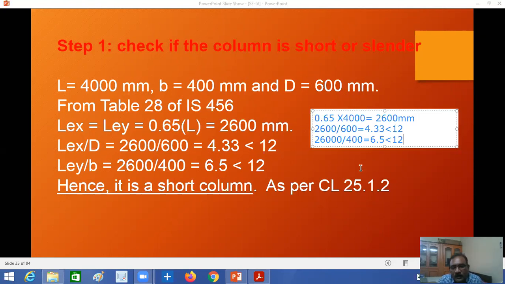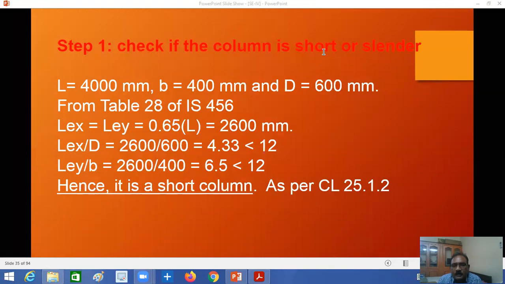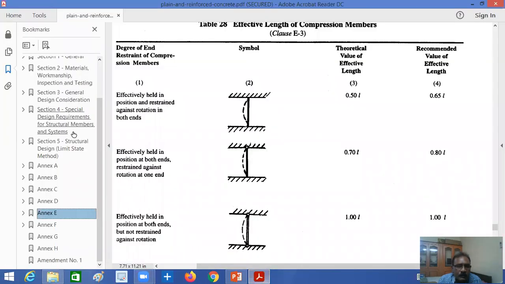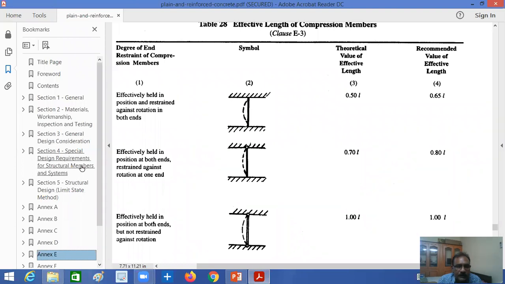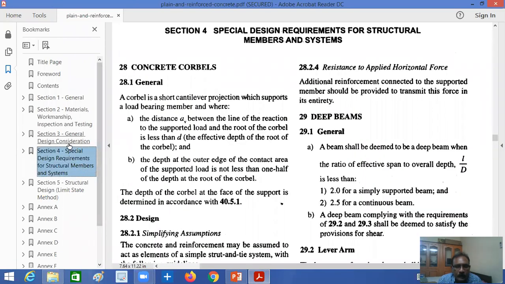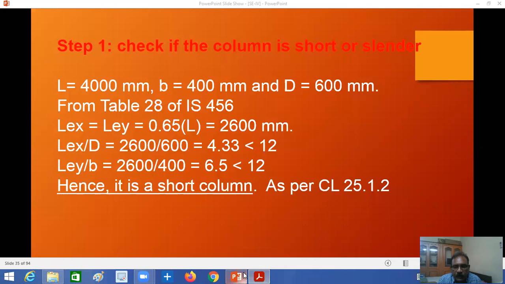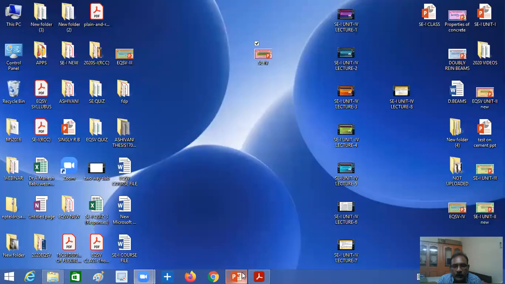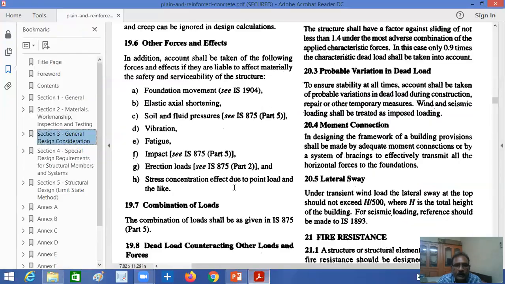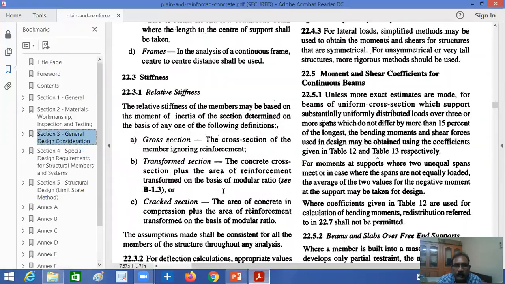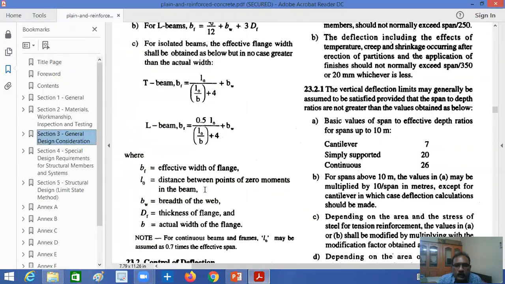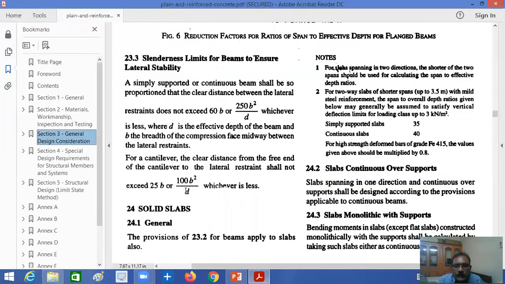As per Clause 25.12, we have to go for Clause 25.12. What is Clause 25.12? After this we have the structural limit state design considerations, and here we go to 25.12, around page number 42.